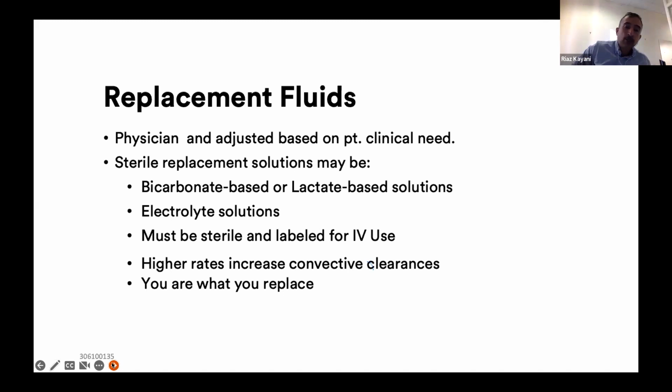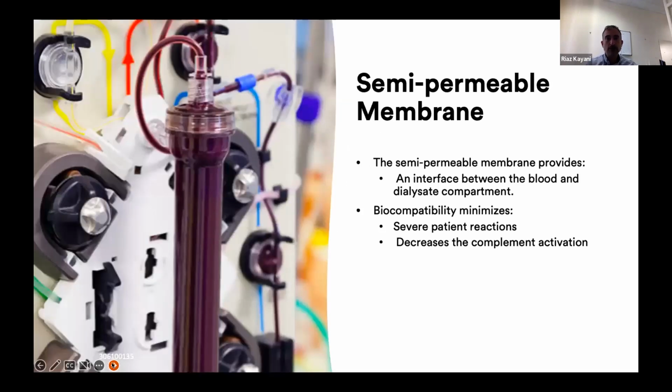In other words, we're able to control fluid balance and electrolytes primarily by addition of this replacement fluid into the circulation, which goes into the circuit, as we see when we go back to the schematic, either pre or post filter. It doesn't really matter which, but that's done to replace what we have removed.